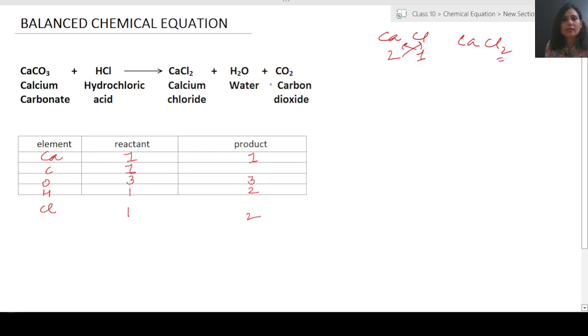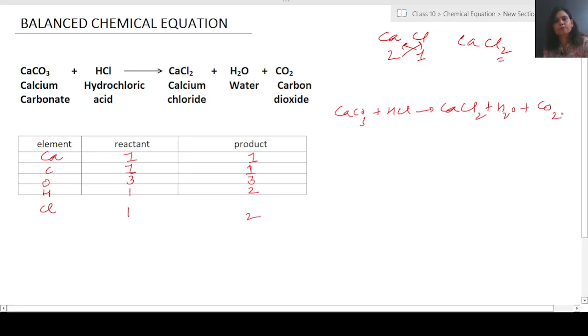And C is 1, right. So this is an unbalanced chemical equation. We will try to balance it. Now what we will be doing, we will again start with the simple numbers, very simple multiples.